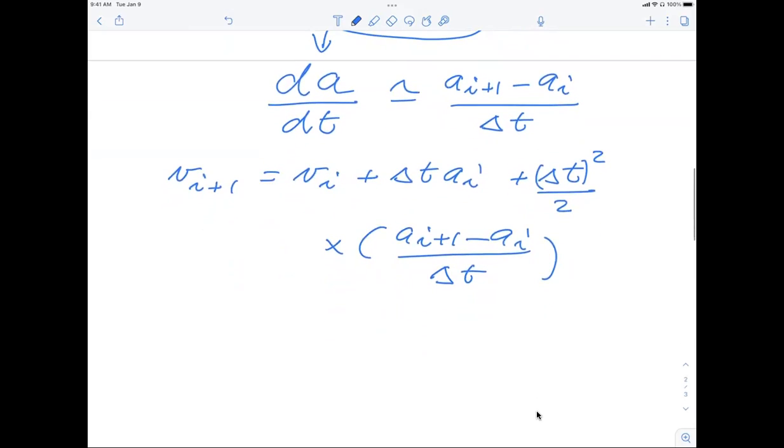And when I then rewrite it, this is going to be given by v of i plus delta t divided by 2 times a of i plus 1 plus a of i.